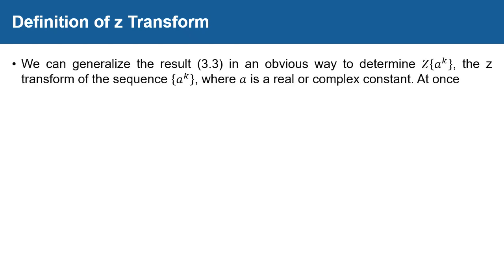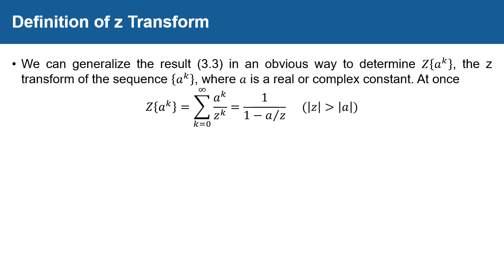We can now generalize the result we obtained from the first example in an obvious way to determine the z transform of a raised to k. The z transform of the sequence a raised to k, where a is a real number or a complex constant, is equal to the sum from k equals 0 to infinity of a raised to k divided by z raised to k.